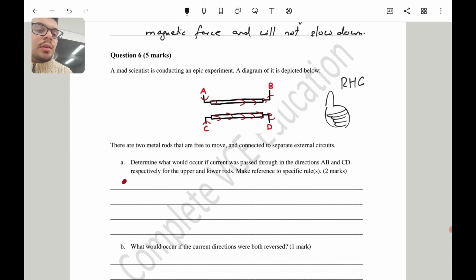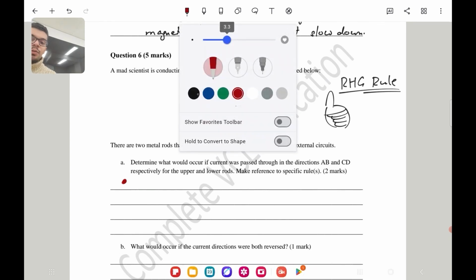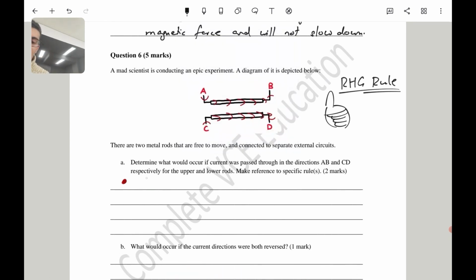So right-hand grip rule. Okay. So let's first of all have a look at the rod at the top, and let's use the right-hand grip rule for that. So using the right-hand grip rule on AB.